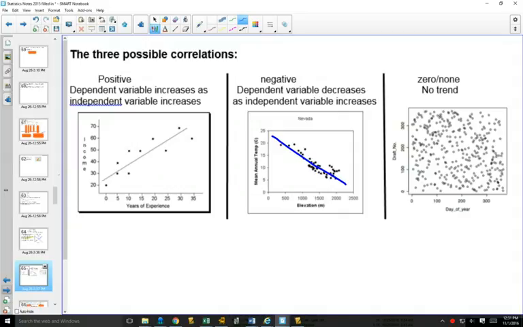I'm not even sure what they're trying to say with a draft number. Like military drafting, what number you get drafted as? It has nothing to do with what your birthday is. So you just get a scatter plot that's all over the place. And that would have no trend, zero correlation.